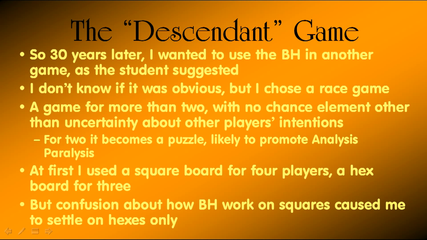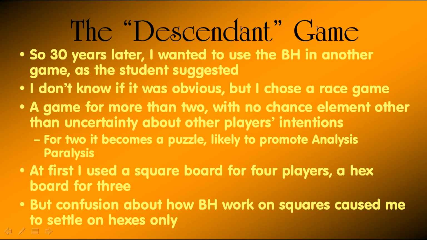The Descendant game, 30 years later or approximately. I don't know if it was obvious, but I chose a race game because I could see how those black holes would affect the race in interesting ways. I made a game for more than two with no chance element other than uncertainty about other players' intentions.